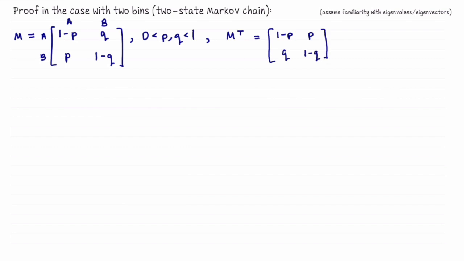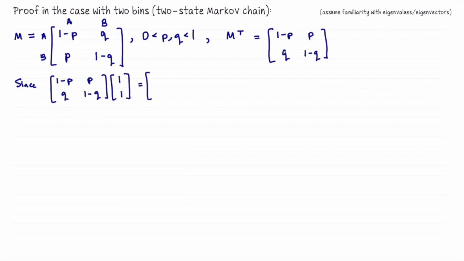So here the row sums are 1. I claimed that 1 is an eigenvalue of M transpose, and it's easier to see with this transpose matrix because I can actually invent an eigenvector out of thin air. So let's write 1 minus P, P, Q, 1 minus Q, times the vector 1, 1.